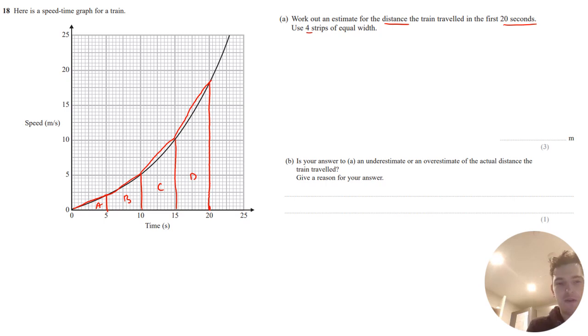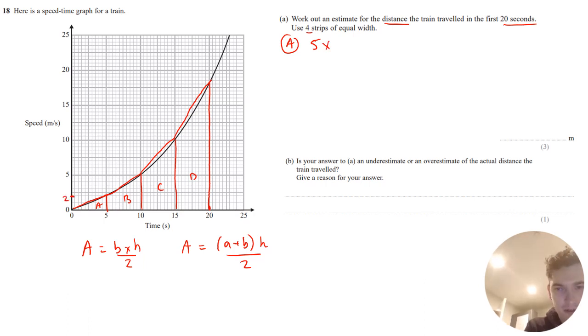So I'm just going to write down my formulae. For a triangle, my area is base times height over 2, and for a trapezium, add the parallel sides times the height divided by 2. So A, first of all, my triangle: my base is 5, my height looks like 2.